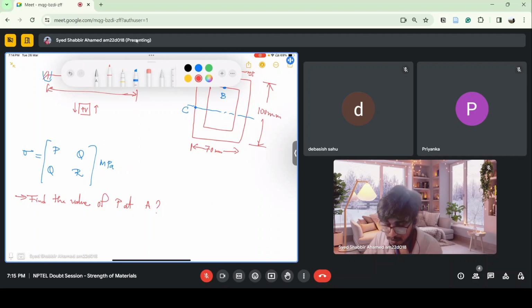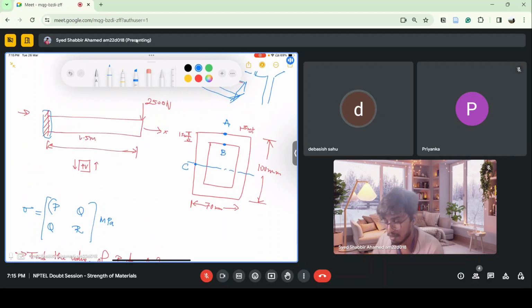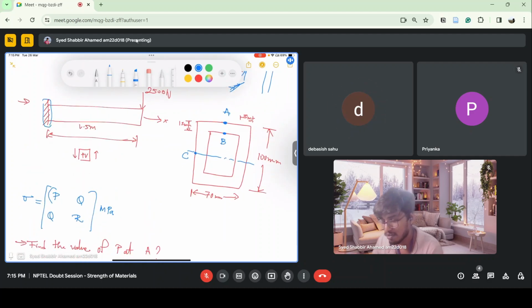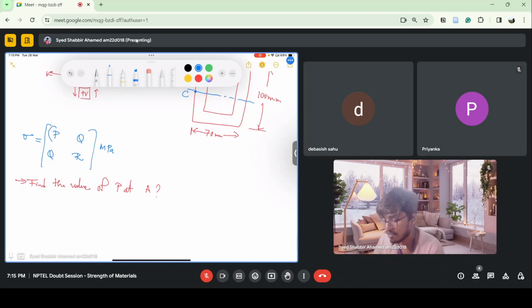So how do we find it out? P is the bending stress, sigma x. The load is applied, and due to the applied load at the fixed end, the bending moment will be 2500 into 1.5 meters.